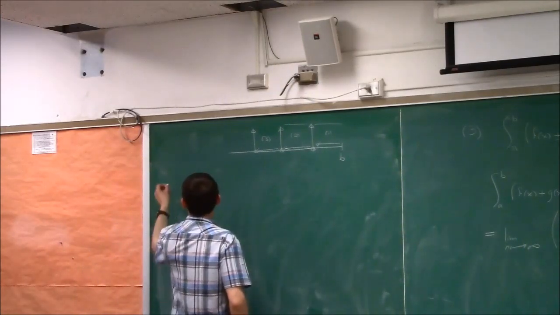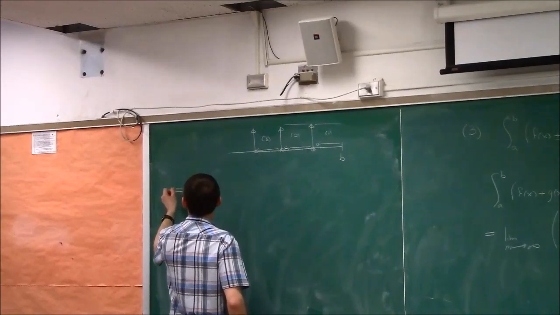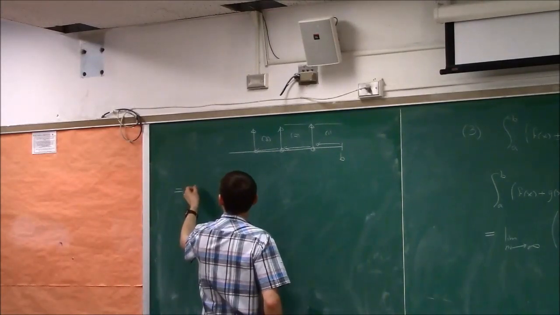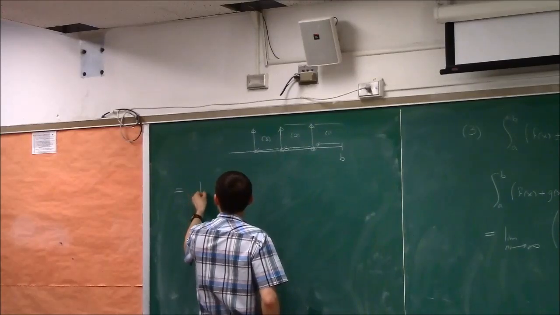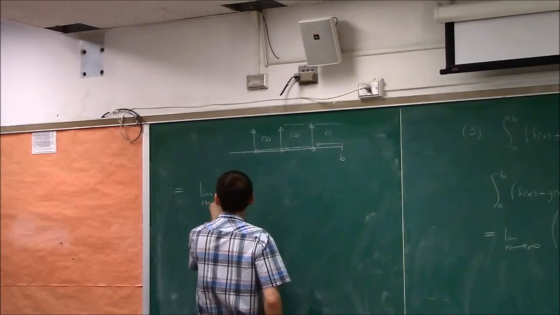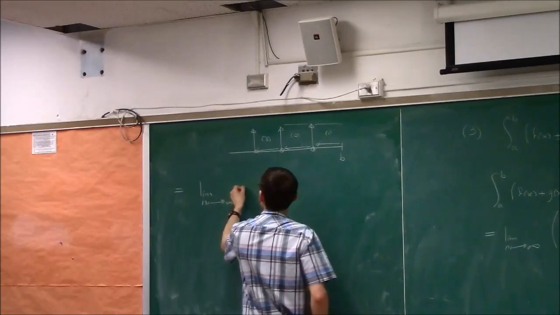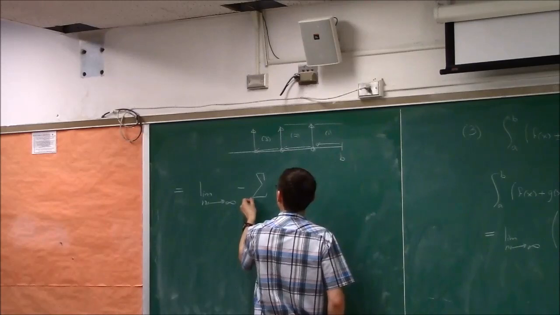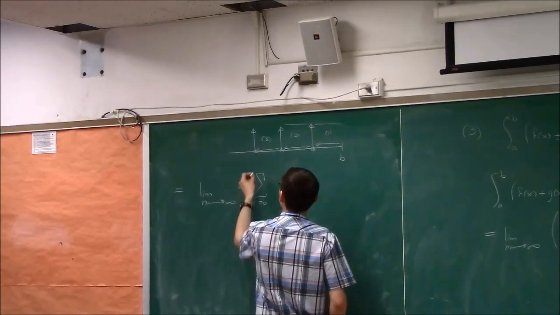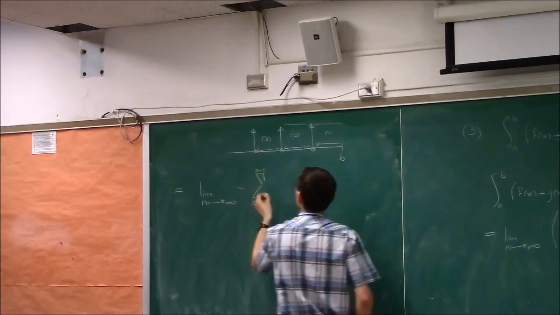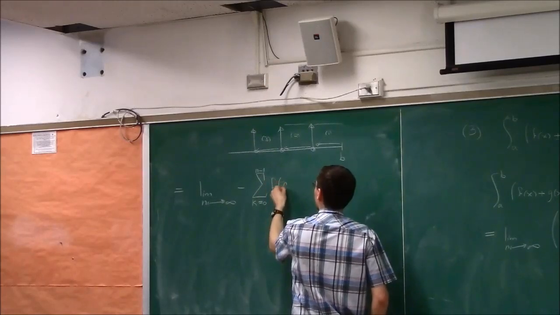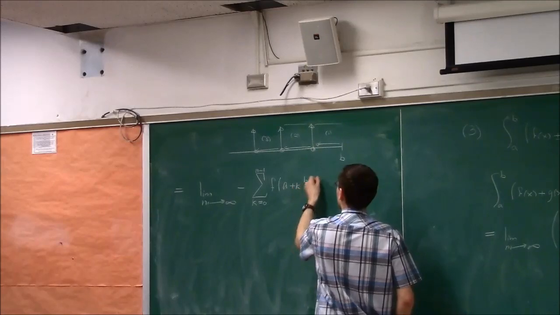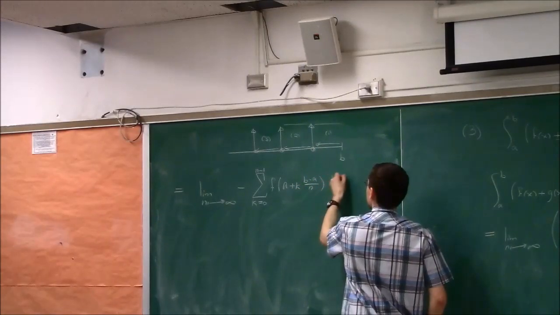So that means that what I have there in the negative is the same as the limit as n goes to infinity of minus the summation k starts from 0 to n minus 1 of f of a plus k times b minus a divided by n times b minus a over n.